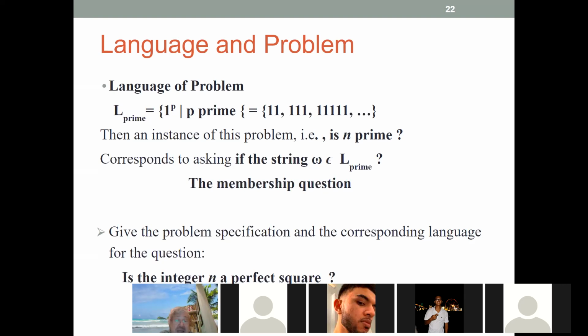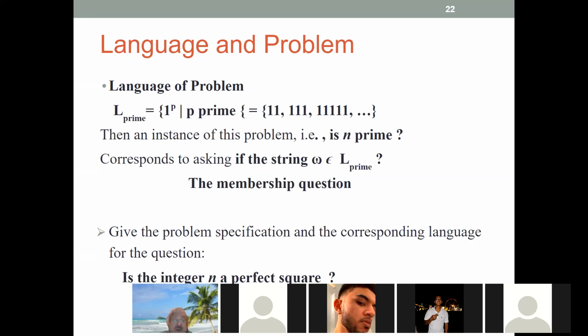So if omega is an element of the language of primes, then that number must be a prime number. So if I ask you, is 1 to the 5th a prime number? The answer would be yes, because it's in this language. So the membership question: given a language and given a string, is that string in the given language?